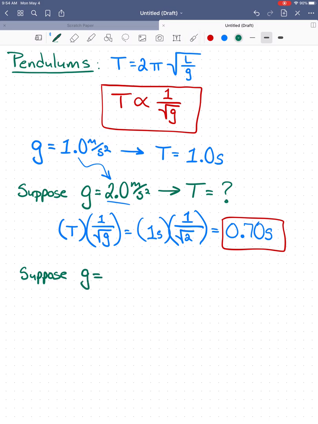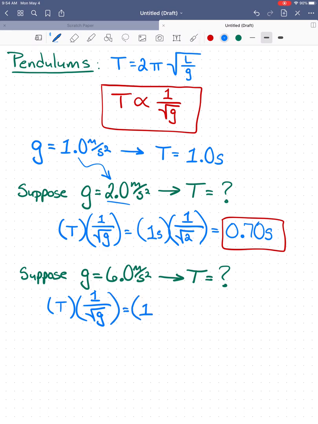Now let's suppose our gravity is 6 meters per second squared, and we want to know, okay, what should be the period? So let's go same process. I'm going to take T, which will be 1 second, and multiply it by 1 over the square root of g.